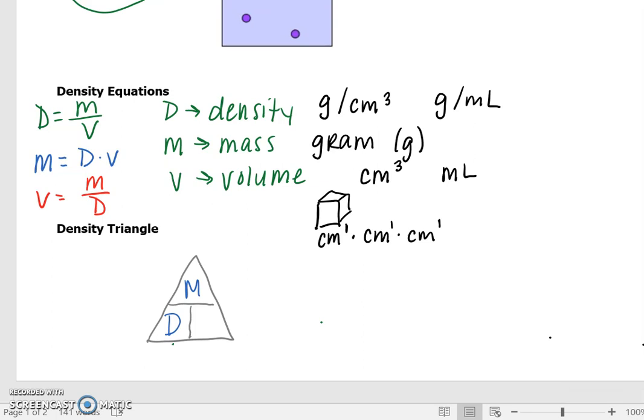So volume equals mass divided by density. And so this density triangle can really help you arrive at these 3 equations without really understanding the algebra. So that might be a nice little cheat for you to write at the top of a quiz or a test in order to help you manipulate those algebra expressions a little bit more.